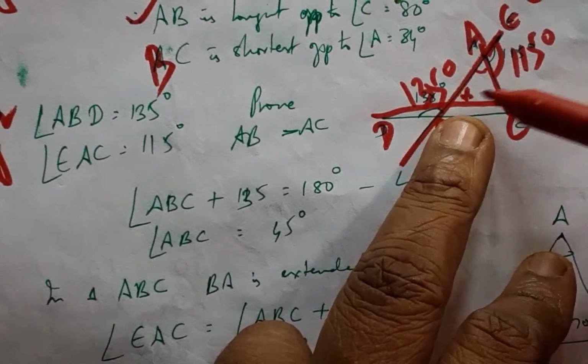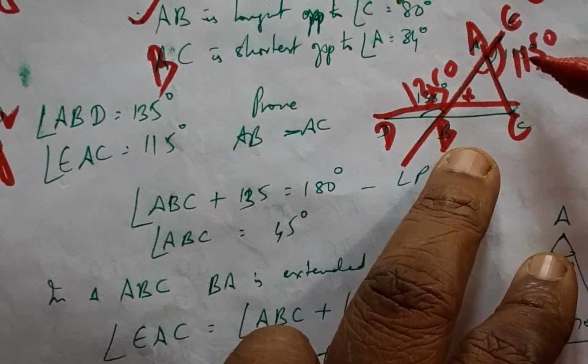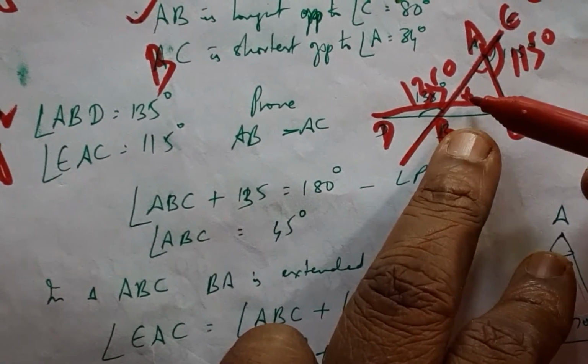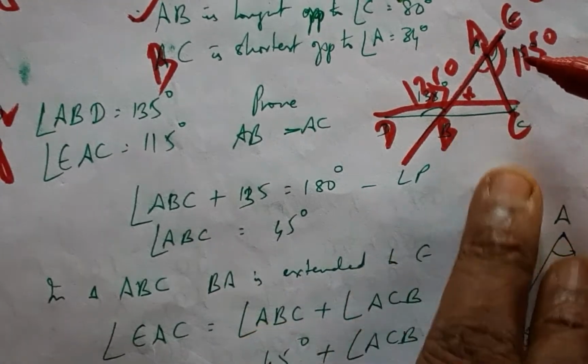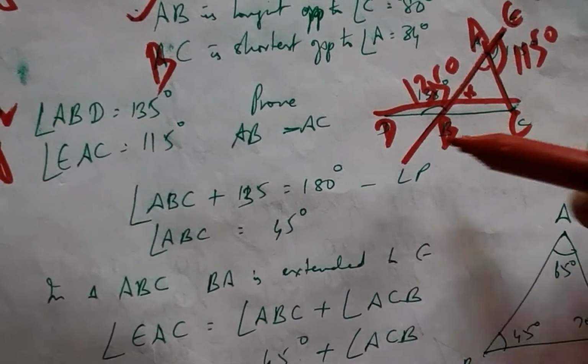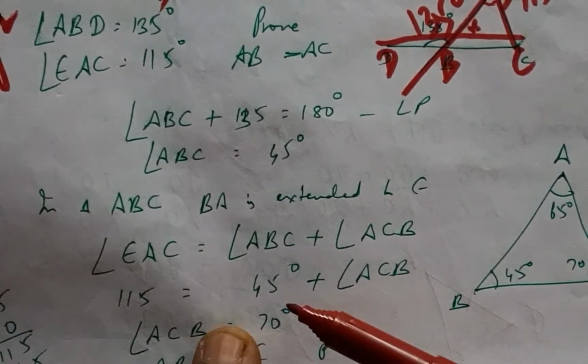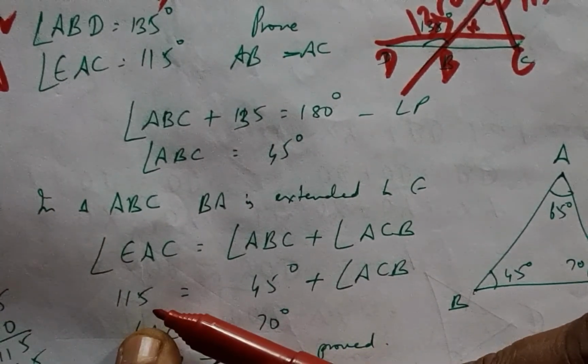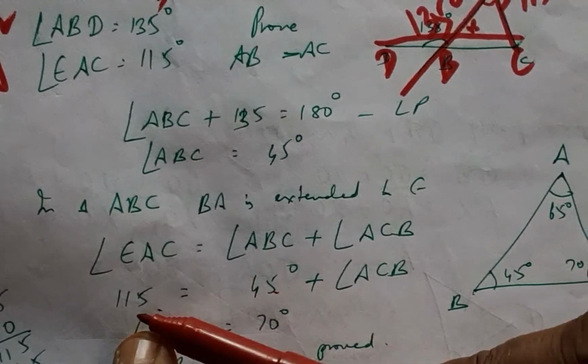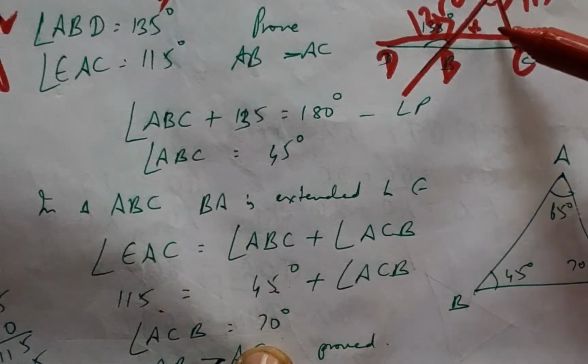The sum of these two angles stands at the external angle of this triangle. Therefore 45 plus x will be 115, and arriving at ACB, we can directly recover 45 from 115 and arrive at 70.